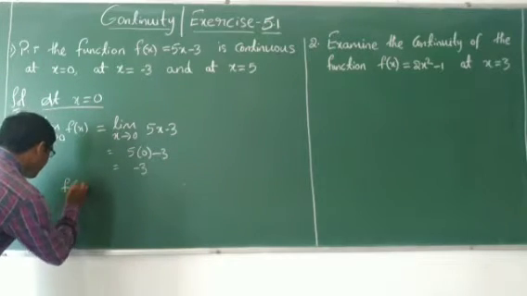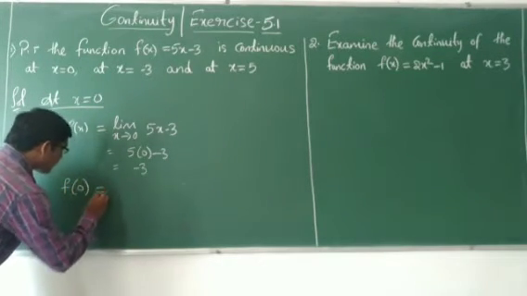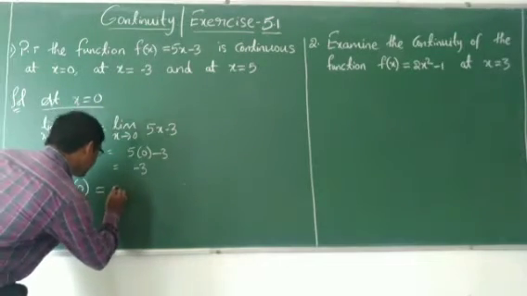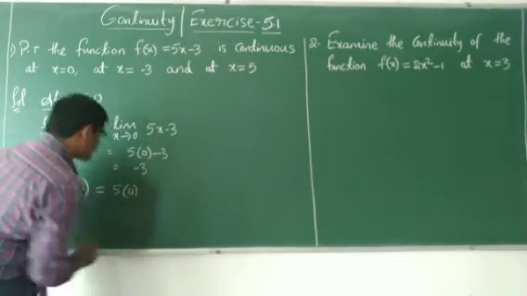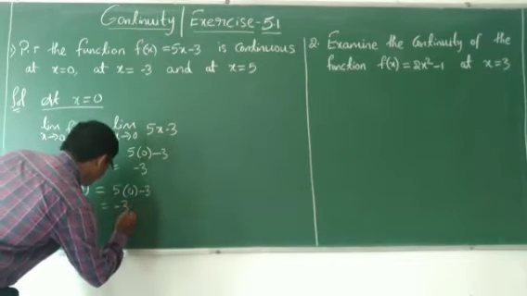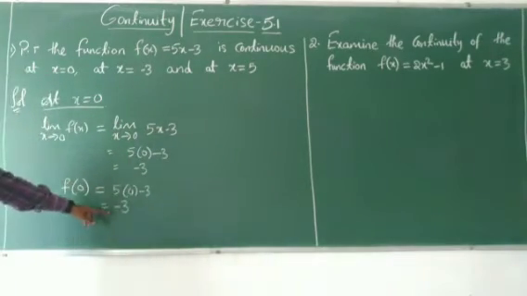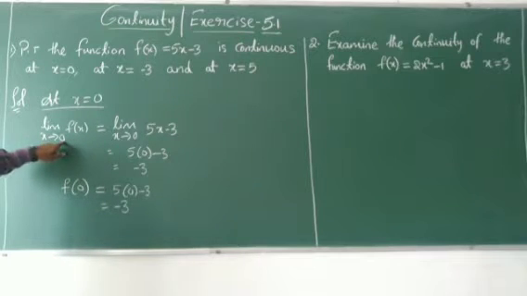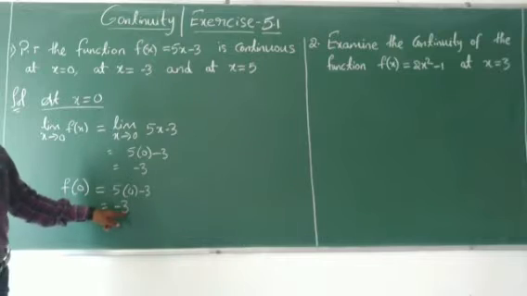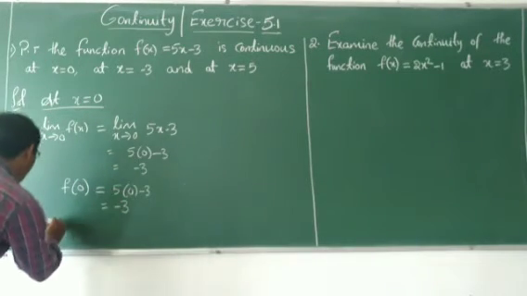Then what is the function value? F of 0 is equal to, substitute the value of x equal to 0 directly. So we get f of 0 is equal to minus 3. The limit at 0 is minus 3. The value of the function is also equal to minus 3. Both are equal.